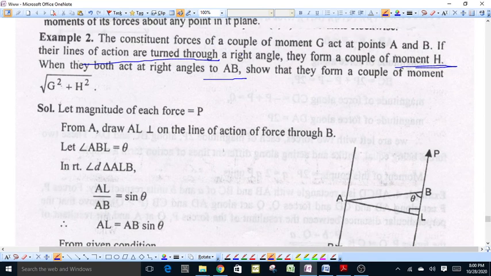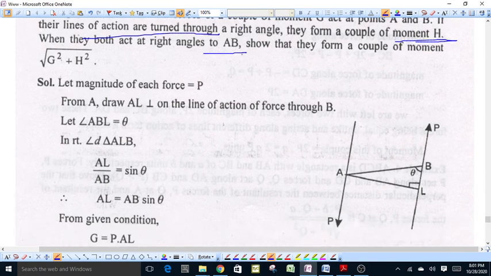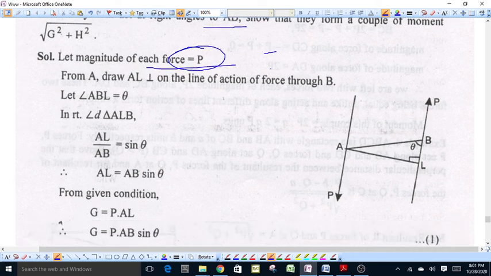Because a couple is a combination of two forces whose lines of action are parallel to each other, and the sense of both the forces is opposite, but magnitudes are equal. Suppose that the magnitude of each force is equal to P, and AB is the arm of this couple.